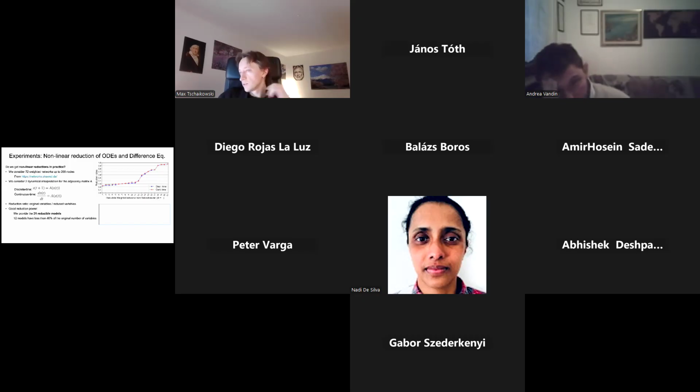To the right, you see the reduction ratios, again sorted with respect to the models. And you can see that we can obtain, in some cases at least, very good reductions.